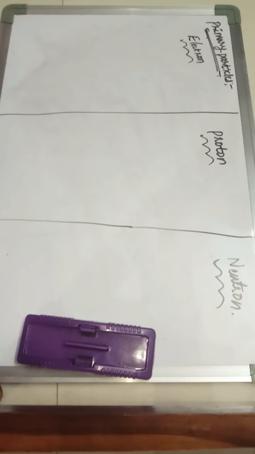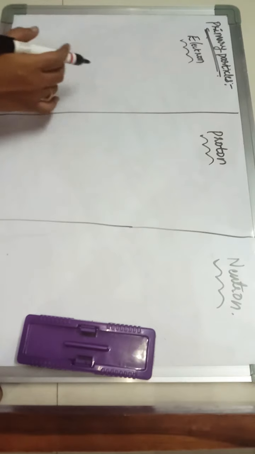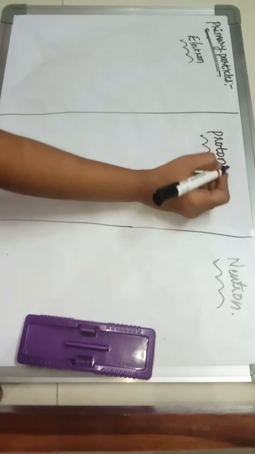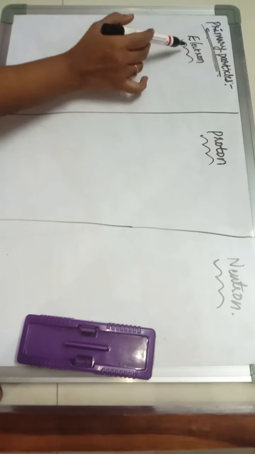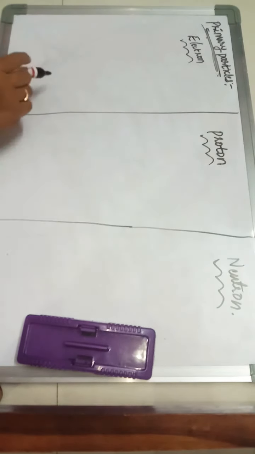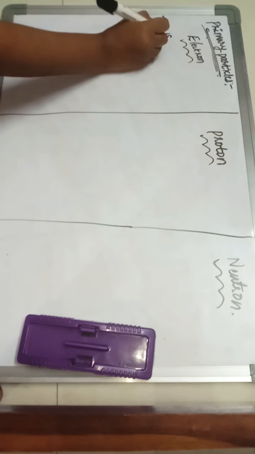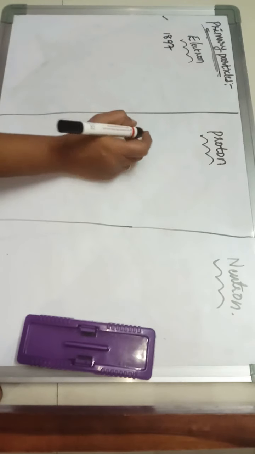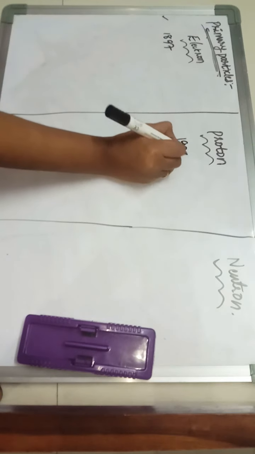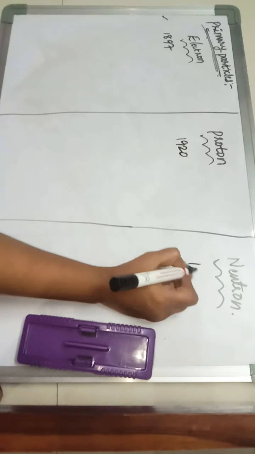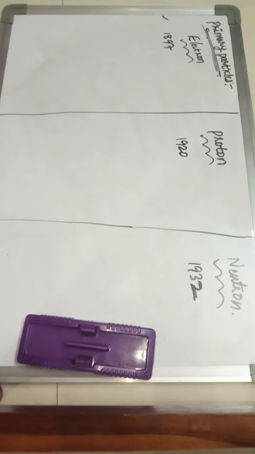I'm going to simplify this topic with a small table differentiating electron, proton and neutron, these primary particles, which are three types. In 1897 the electron was discovered, protons in 1920, and neutrons in 1932.